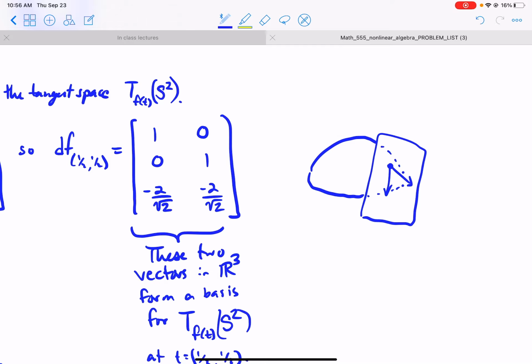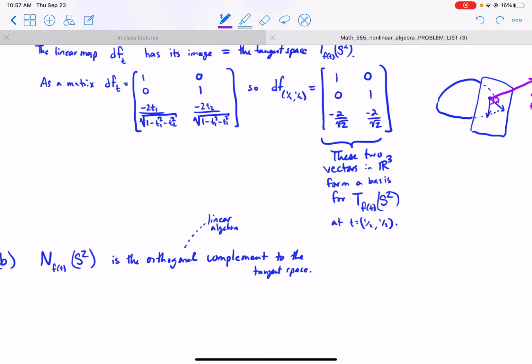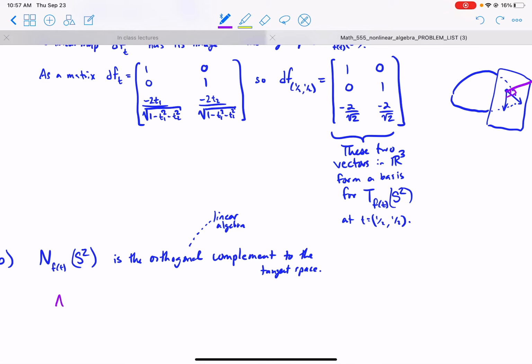Okay, and then what I need for the normal space is some vector that's orthogonal to both. So 90 degrees to T_P S2. Okay, so I need that vector, and that will be a basis for the normal space at the point P to S2.